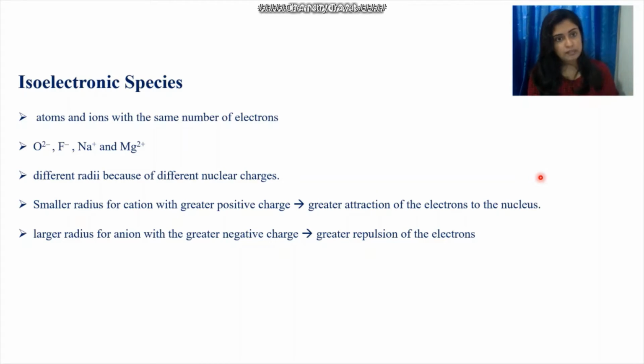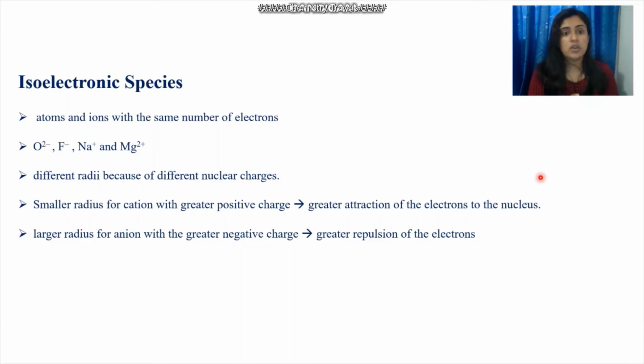Mg is 12, so it has 12 electrons, but plus 2 means it will also have 10. Fluorine is 9, so it gains 1 electron to form F minus, which also has 10. Oxygen goes from 8, gains 2 more electrons to form O2 minus, so a total of 10 electrons.